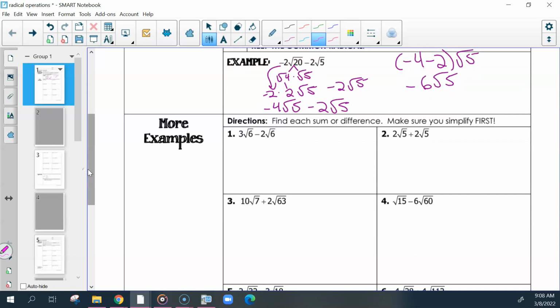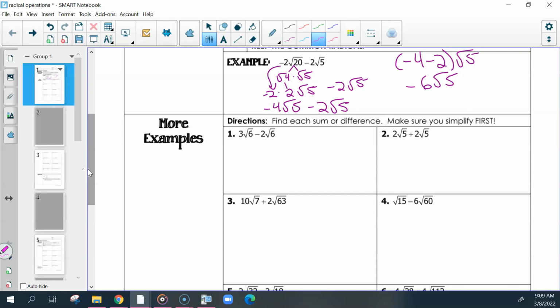Let's move forward. Number 1. These are both square roots. Do they have the same radicand? Can we simplify these anymore? To what? 3 and 2. Are either of those perfect squares? 2 times 2 is a perfect square, but not 2 by itself. So we cannot break this down any further.